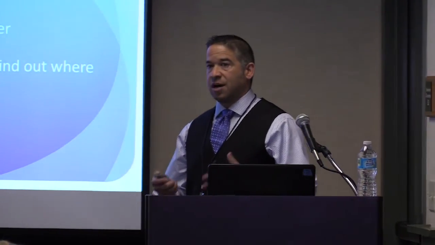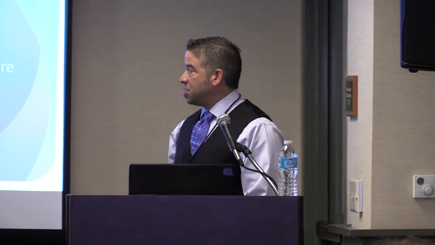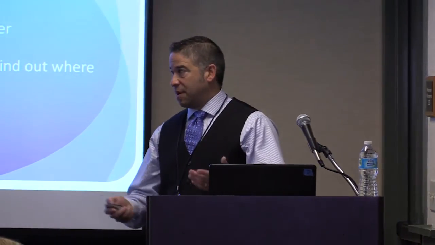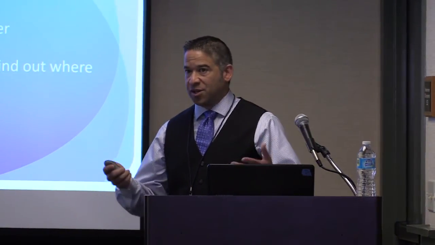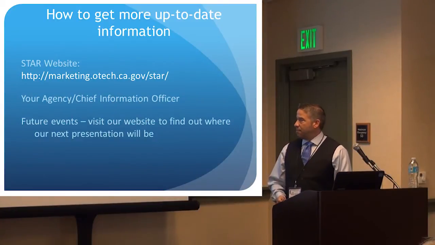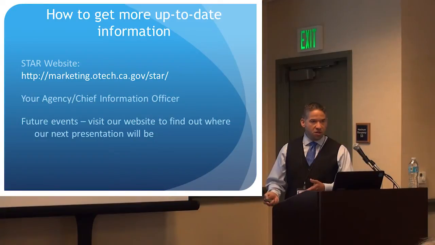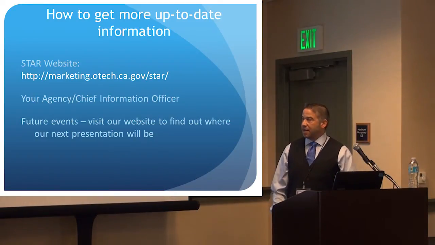So reach out, talk to your CIO, talk to your AIO, and see what they know about the STAR project. Future events, we're going to be doing events like this pretty often. So look for us at future events, and visit our website, where where we're going to be and what events we'll be presenting at will be listed.